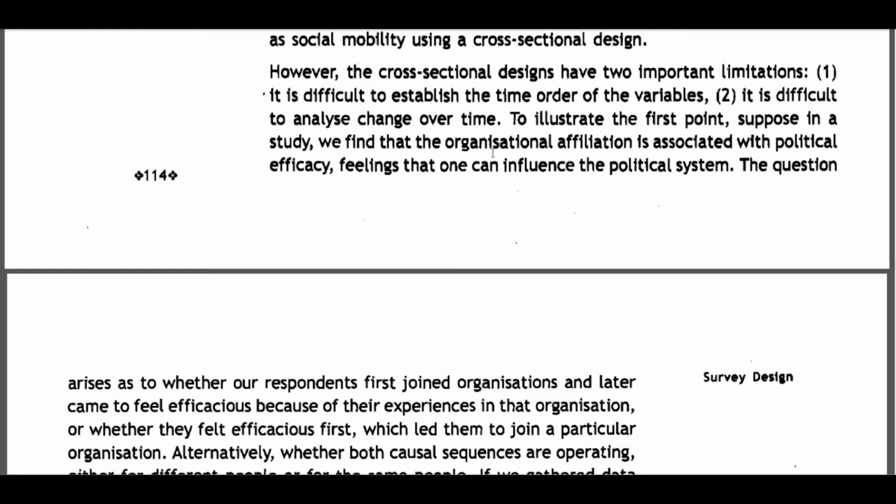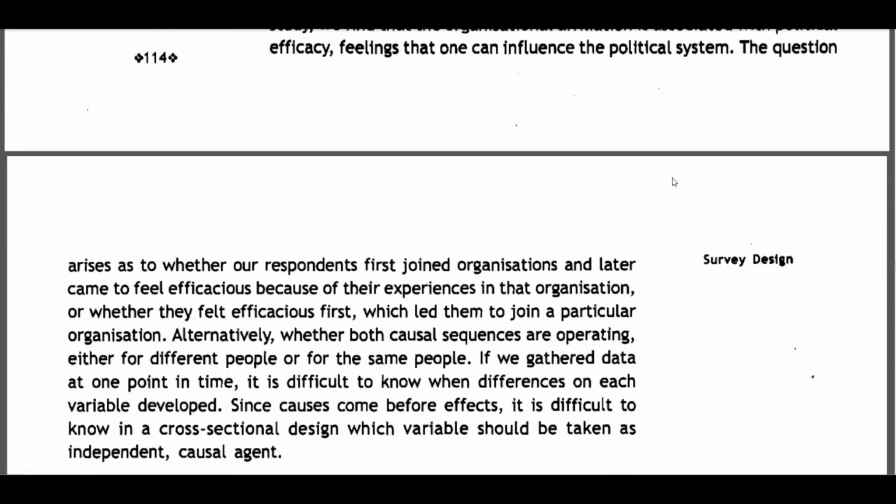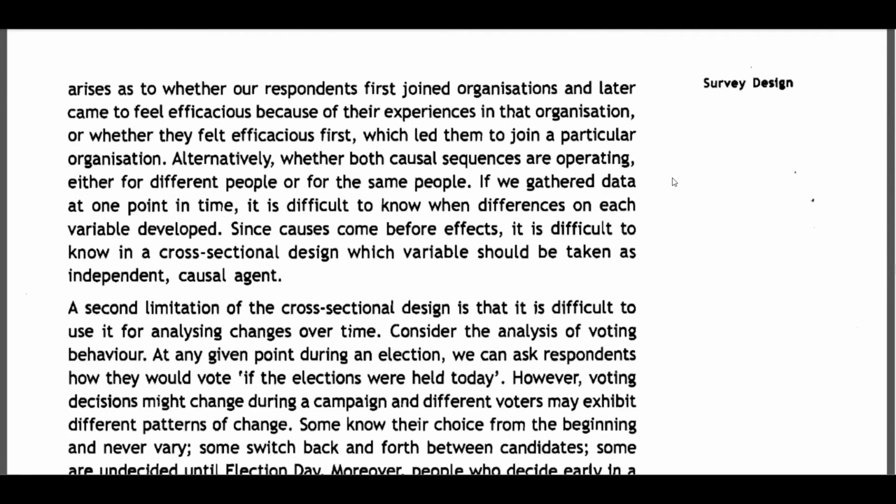To illustrate the first point, suppose in a study we find that organizational affiliation is associated with political efficacy, the feeling that one can influence the political system. The question arises as to whether our respondents first joined organizations and later came to feel efficacious because of their experience in that organization, or whether they felt efficacious first, which led them to join the particular organization.